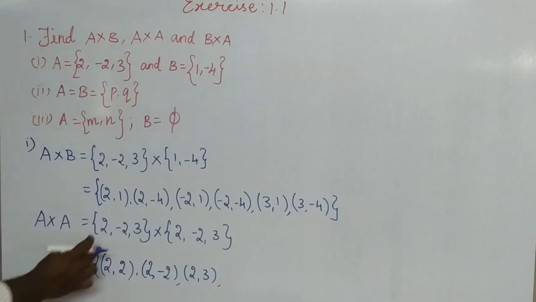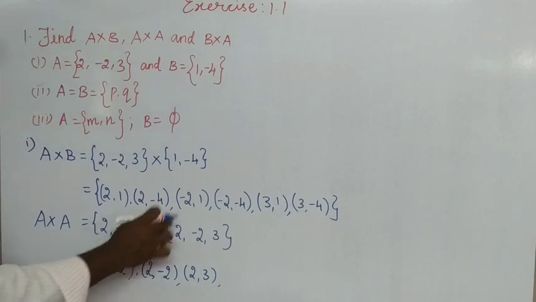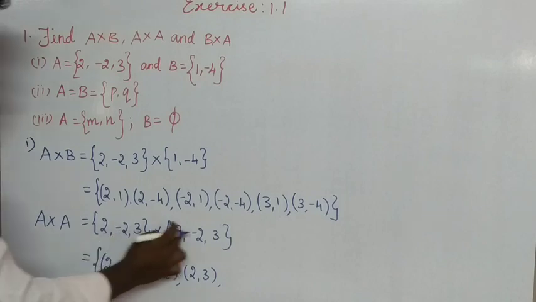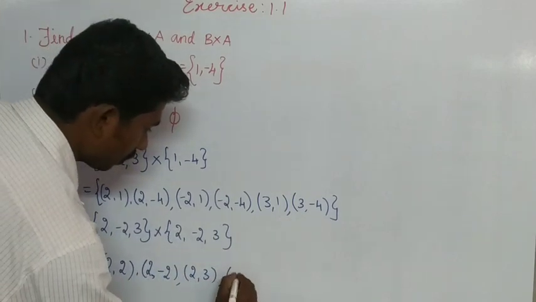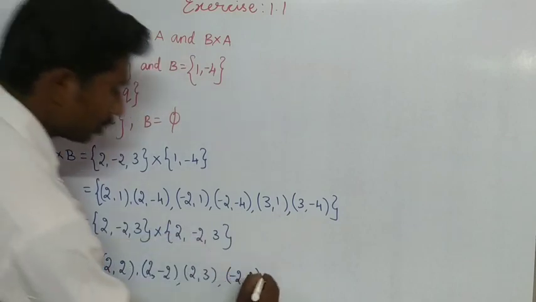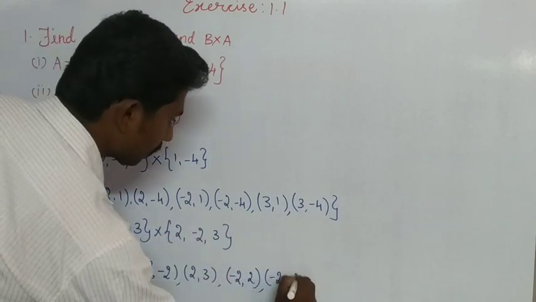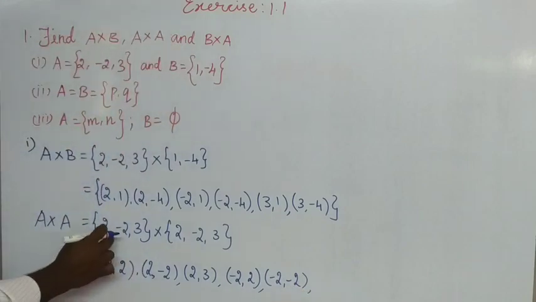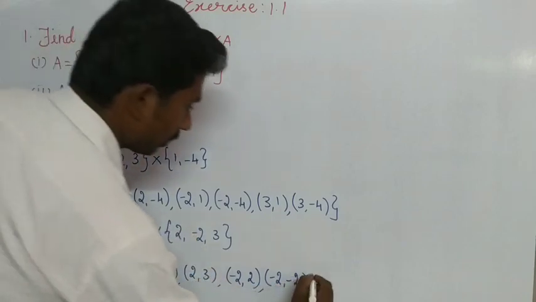Next, second element in the first set with all the elements in the second set: minus 2 comma 2, then minus 2 comma minus 2, then minus 2 comma 3.